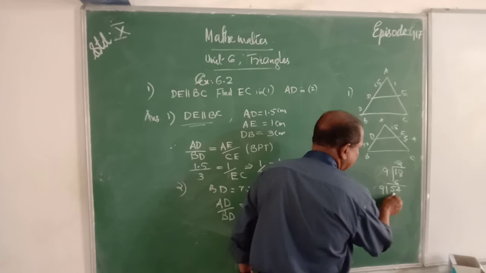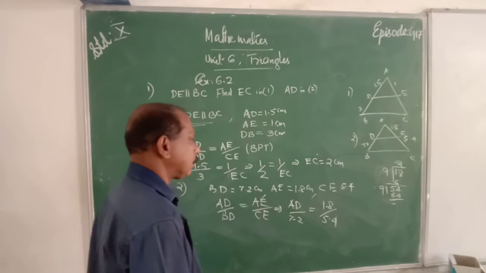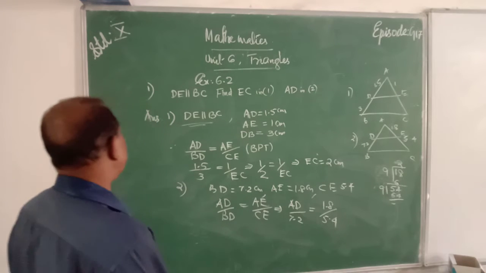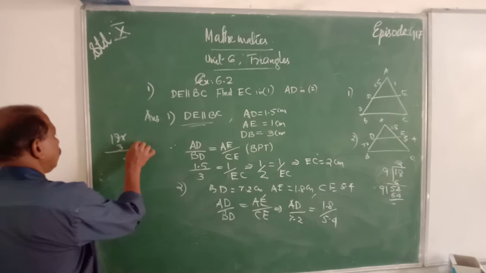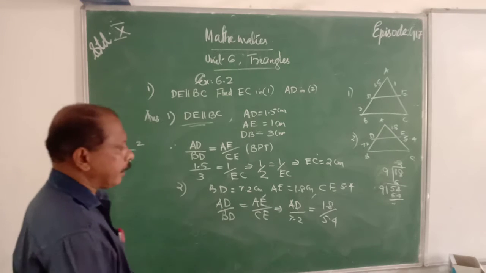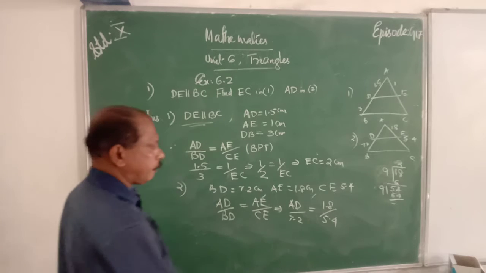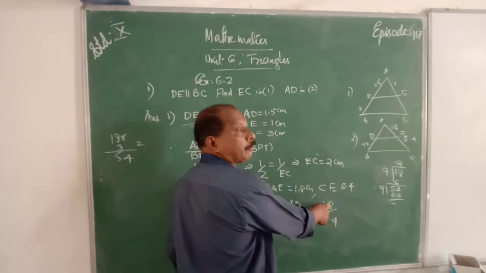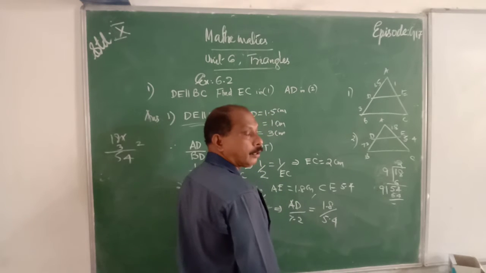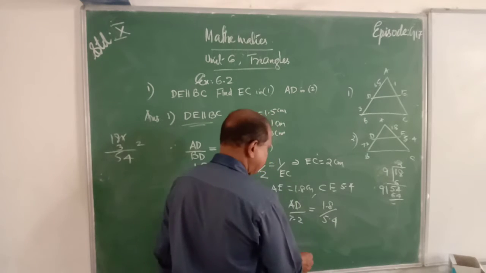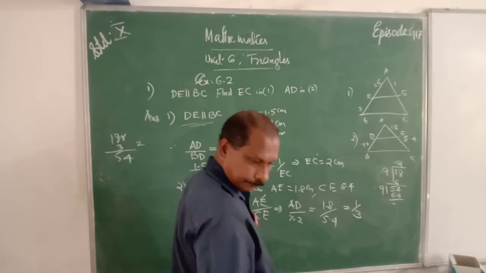That is 2 by 6, which is 1 by 3. In 54, how many 18s? Three 18s. Therefore, it is equal to 1 by 3.